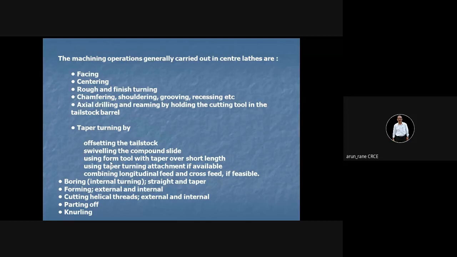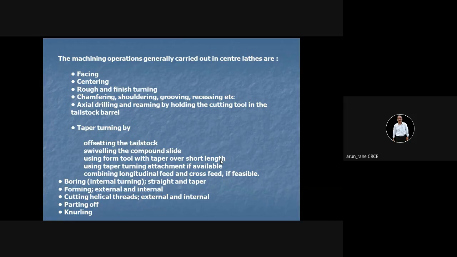The third method is using a form tool with the taper over a short length. That means, suppose whatever taper you have, say 5 degree, 10 degree, that taper is ground on the tool itself, and the tool is plunged onto the workpiece. So it is a kind of form turning. Whatever angle is ground on the tool is replicated on the workpiece.